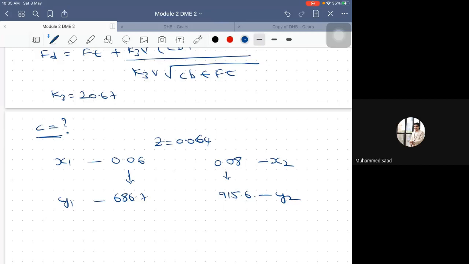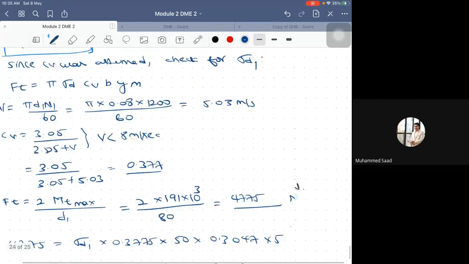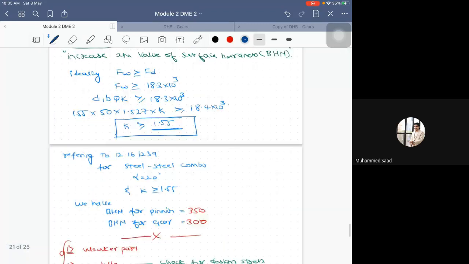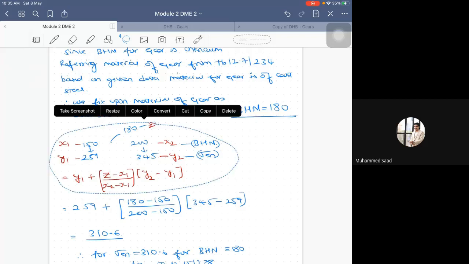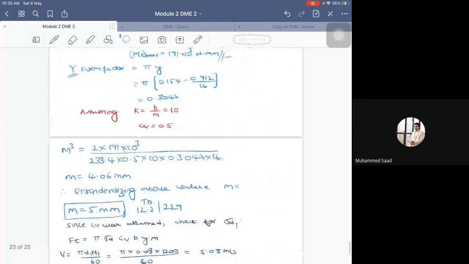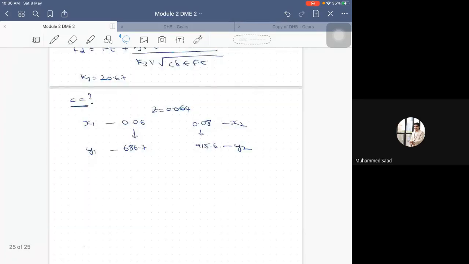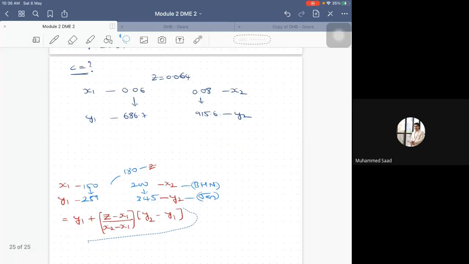Now pick that particular formula. Yes, here it is. So I would just take this.